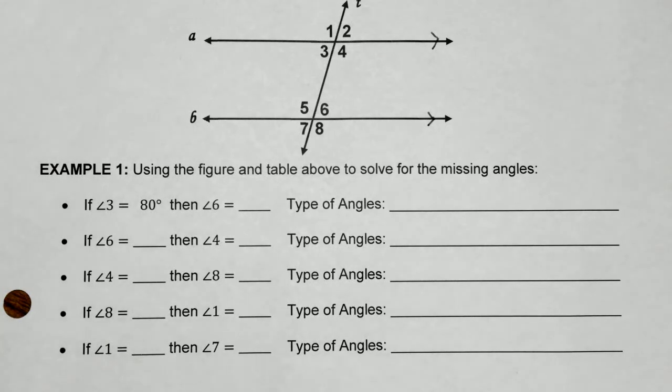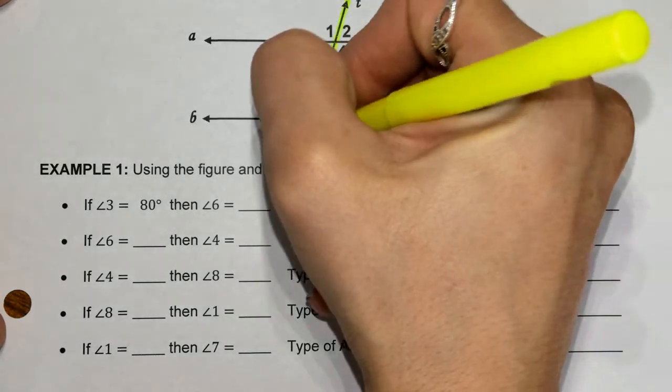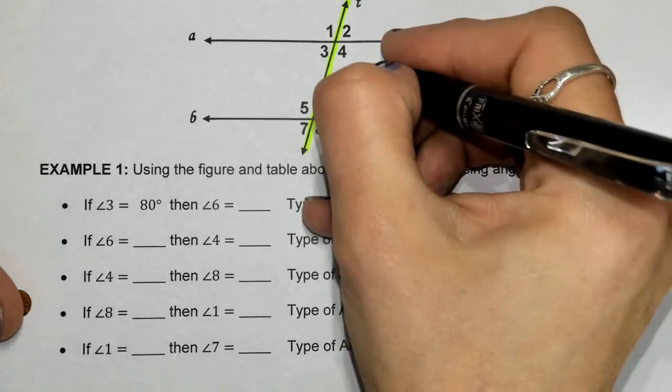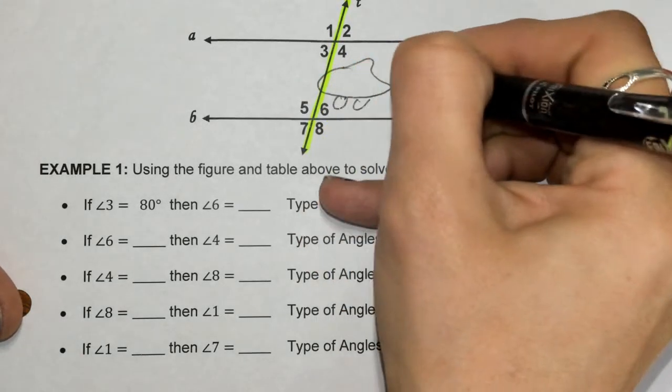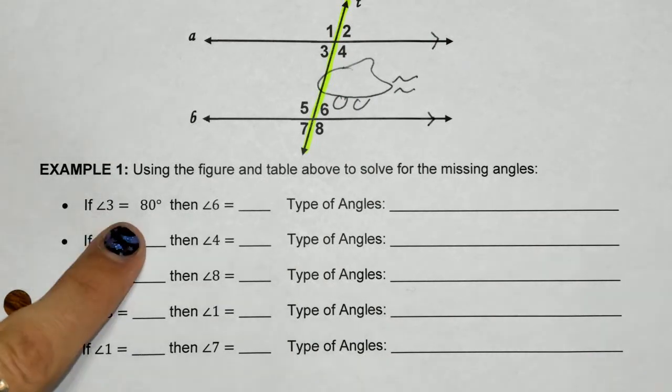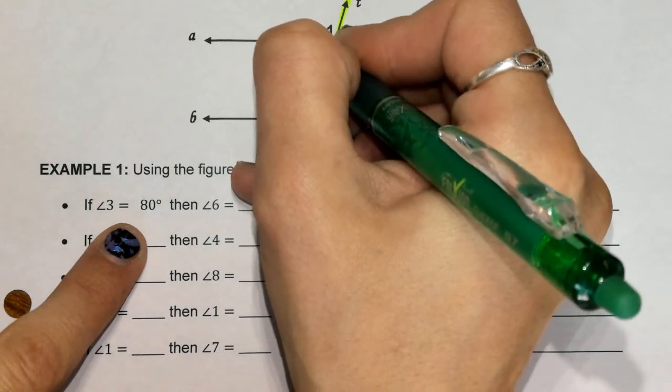So the first thing, make sure we are using something erasable, because we're going to be erasing things in our picture. The first thing here, I want to make sure that I see my transversal to help me identify same side or alternate. And I like to draw my little car so I can see, vroom, vroom, the interior getting hit by that car, okay? So we're looking at angle 3, and we see that angle 3 is 80 degrees.